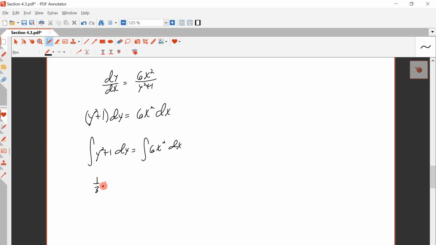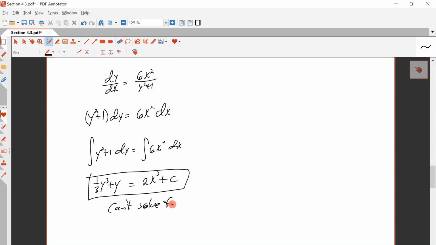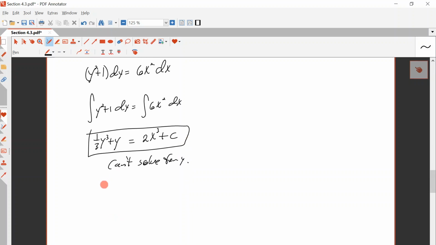So I have 1/3 y to the third plus y is equal to 2x to the third plus c, and there's no way to solve for y here. So you have to leave this one implicitly as a function of x.